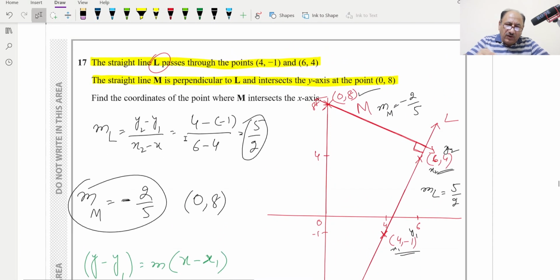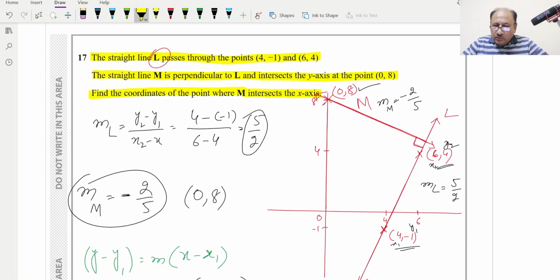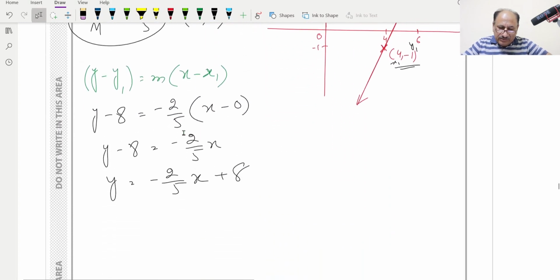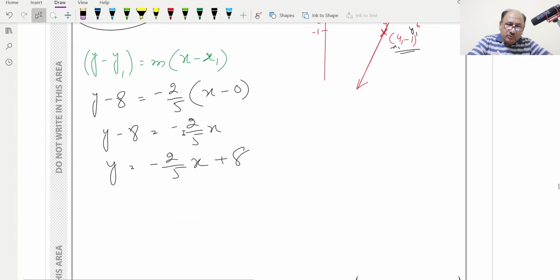Now they're saying find the coordinates of the point where m intersects the x-axis. So on the x-axis, y will be equal to 0. So we will put y is equal to 0.